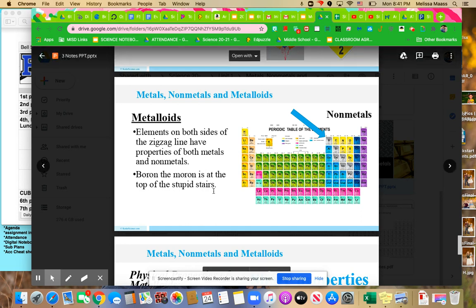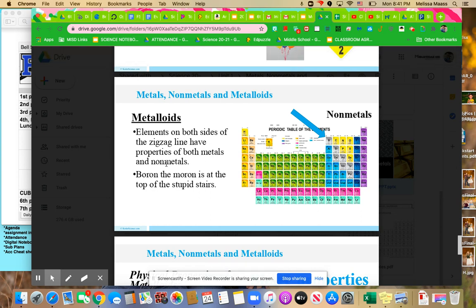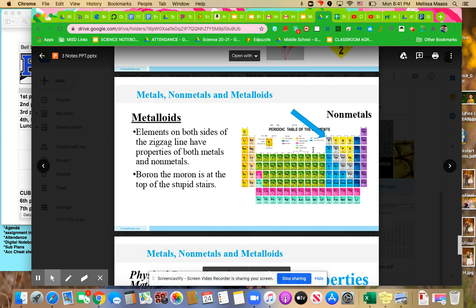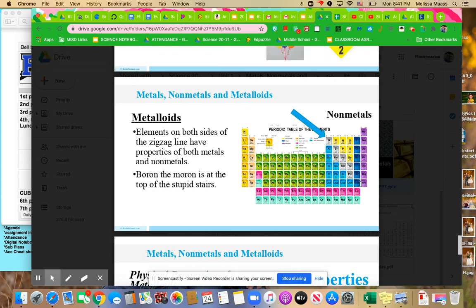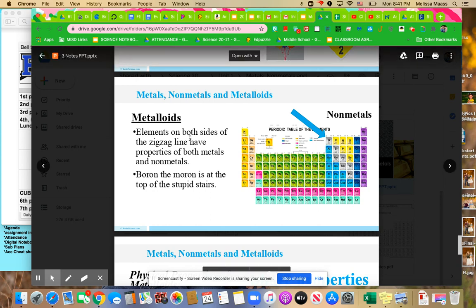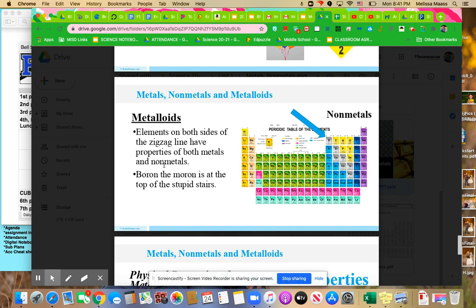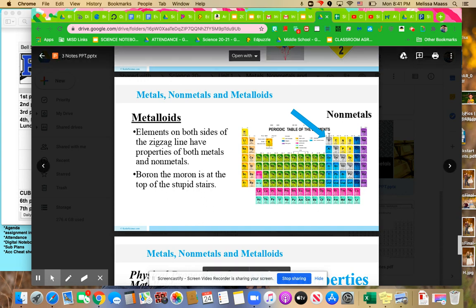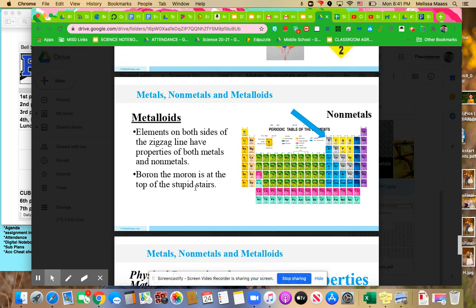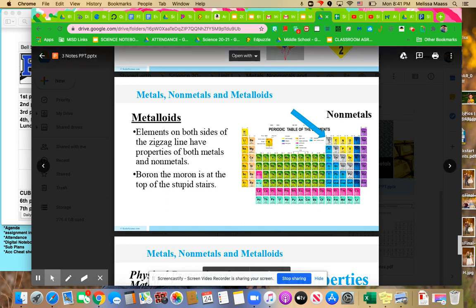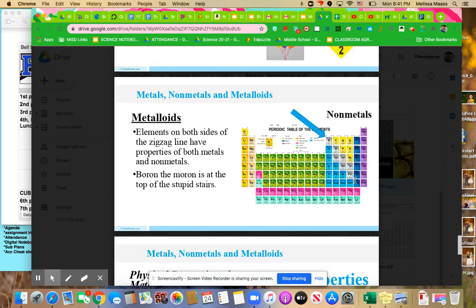So elements on both sides of the zigzag line have properties of the metals and nonmetals. So like this gray area is going to be your metalloids. An example is boron, and that's just a little saying like boron the moron is at the top of these stairs to help you remember if you want to remember them. You don't need to memorize this by any means, but it's just kind of showing you where everything is.